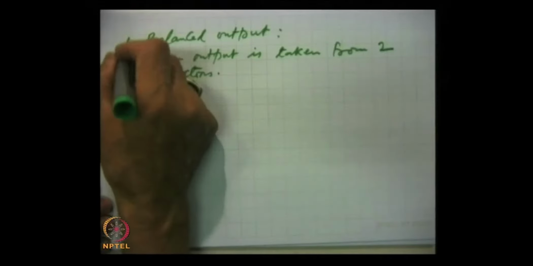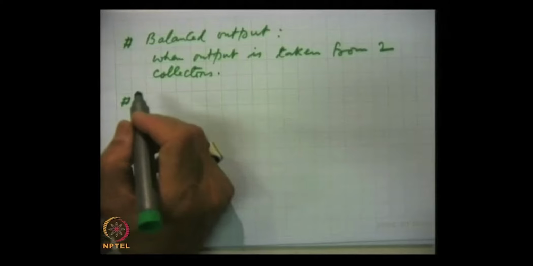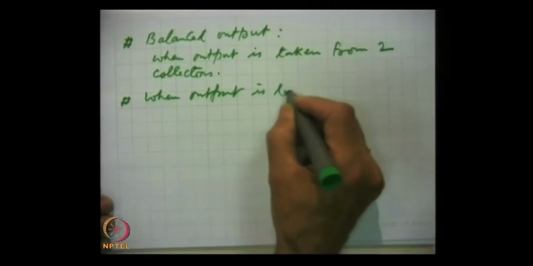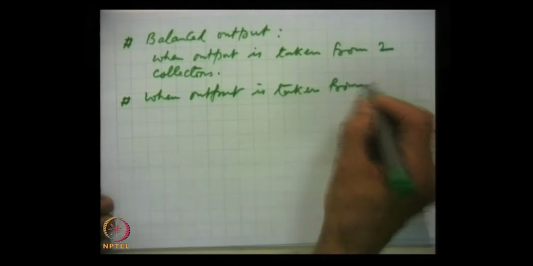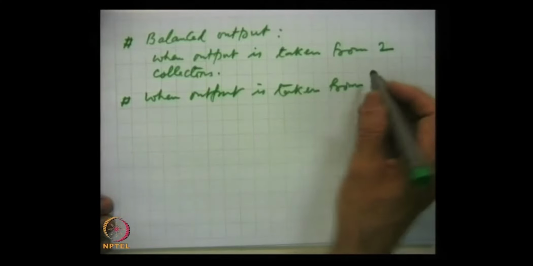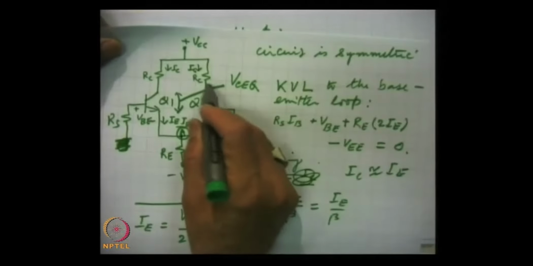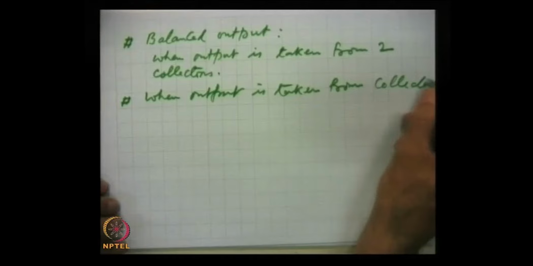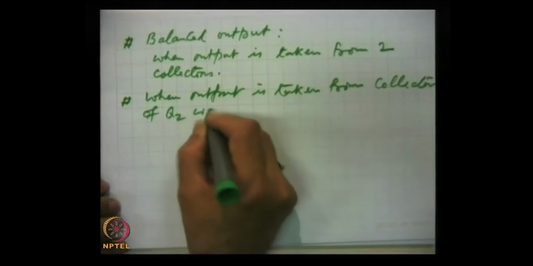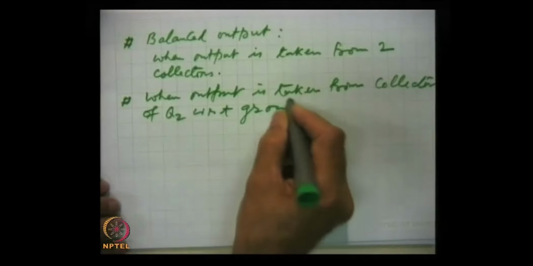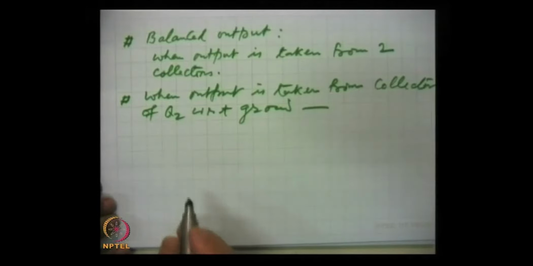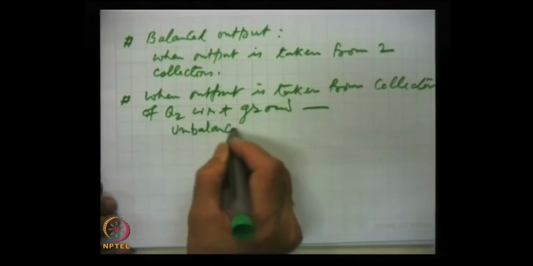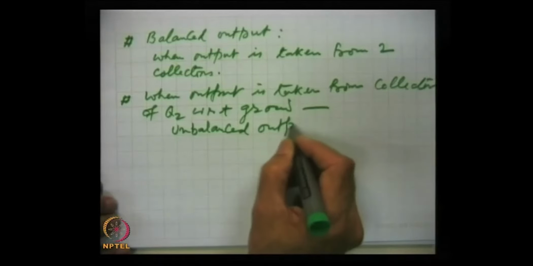This is the other possibility: when output is taken from one collector, normally the collector of Q2, with respect to ground. We call it unbalanced output.